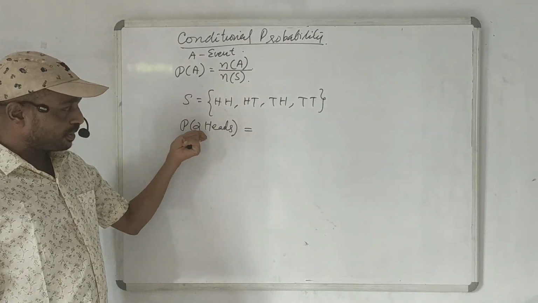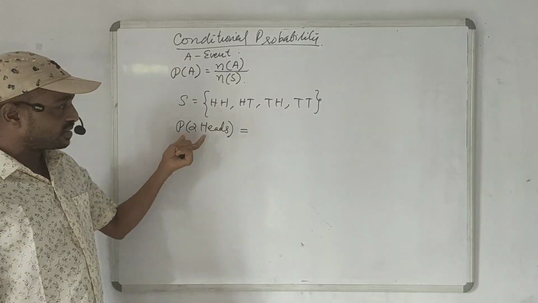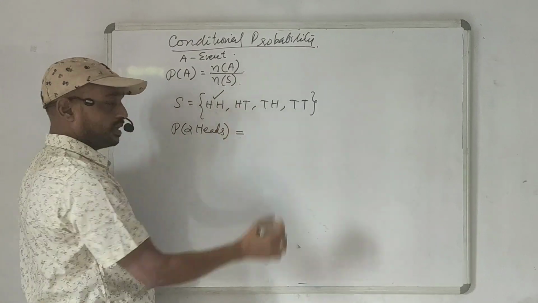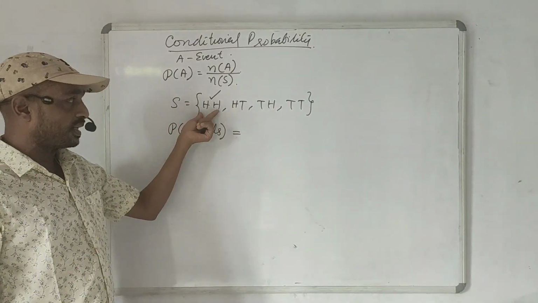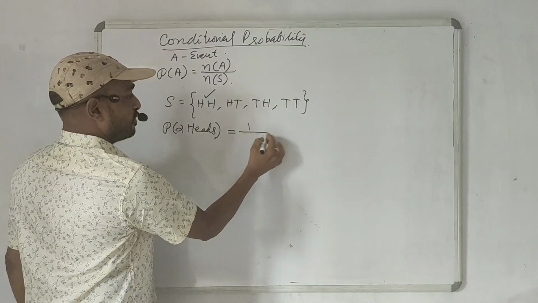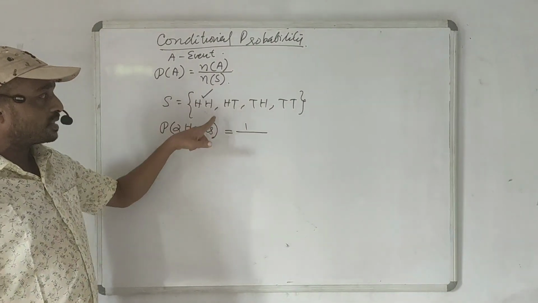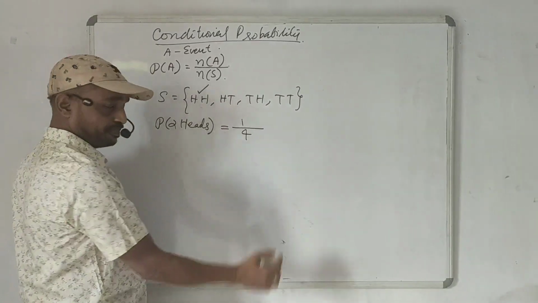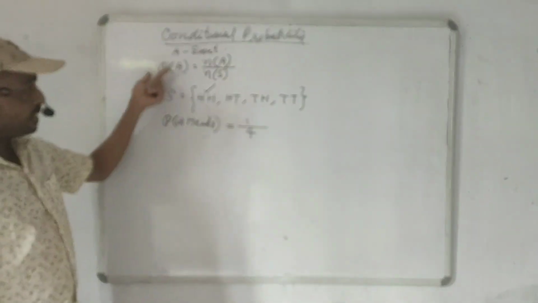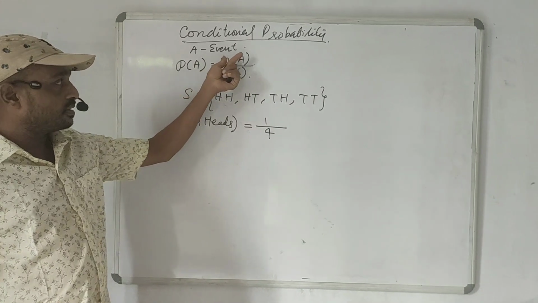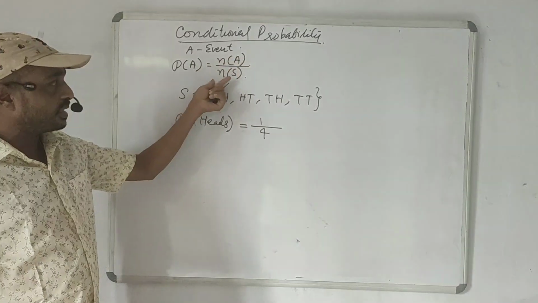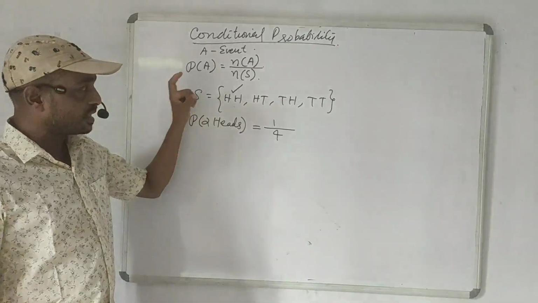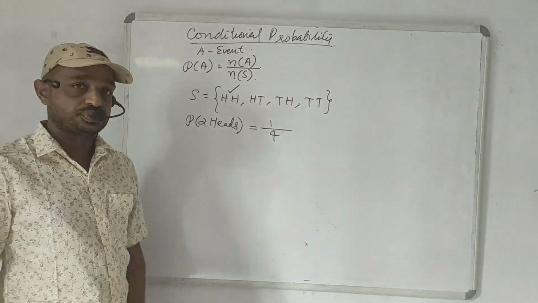In the sample space, there is one and only one favorable case corresponding to two heads. That is 1 divided by the total number of cases in the sample space, which is 4. So 1 by 4 is the probability. So the probability of any event is the number of cases favorable to the event divided by the total number of cases, and this classical definition is quite well known to you.